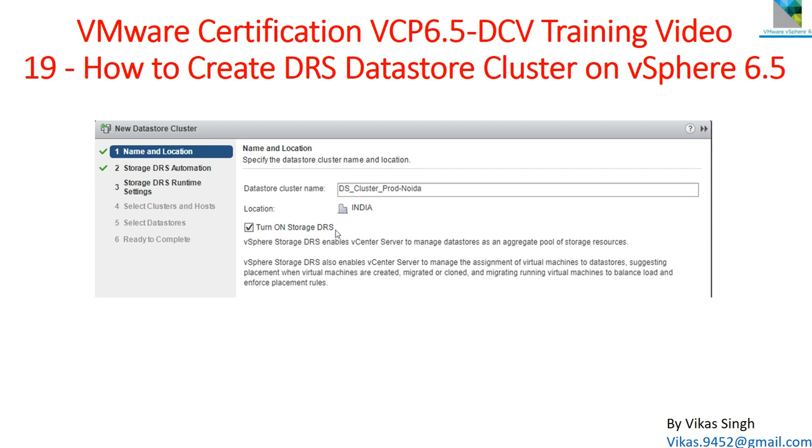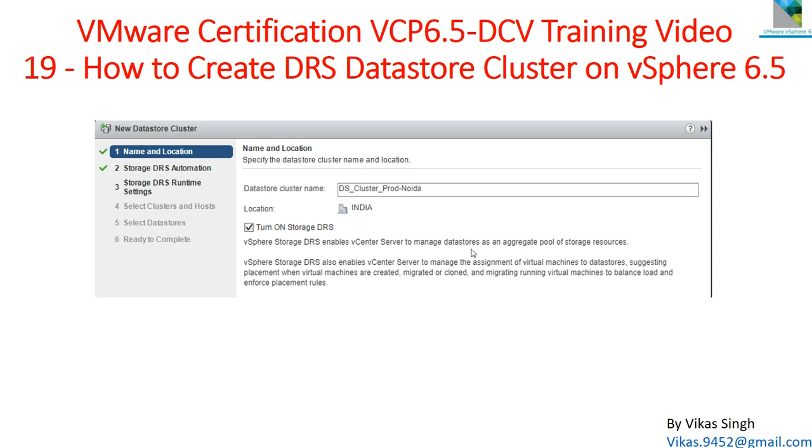VMware vSphere storage DRS enables vCenter to manage data stores as an aggregate pool of storage resources. So when you use storage DRS, VMware manages the group of data stores as a storage resource. As I said, it will understand where to put the virtual machine hard drive, where the machine needs to be stored in the data store cluster.